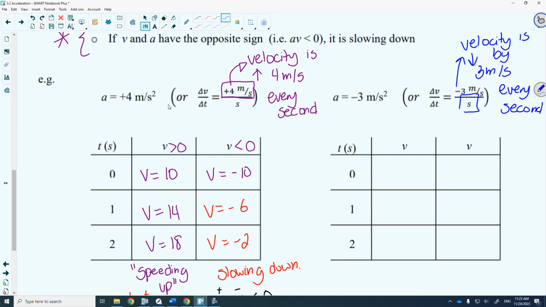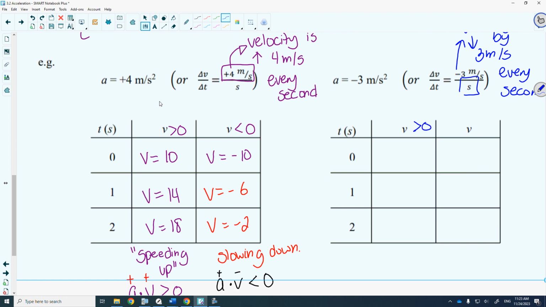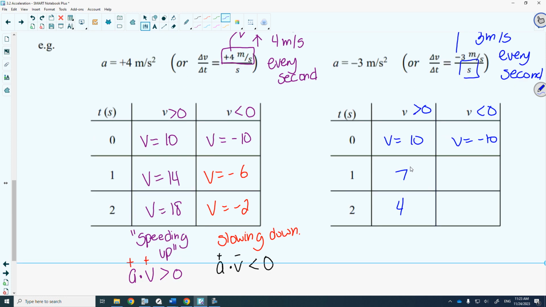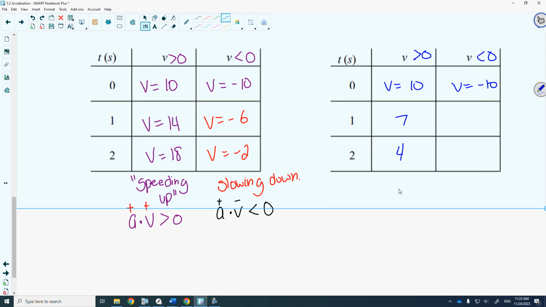Okay, so let's look again at when the velocity is greater than 0 and when the velocity is less than 0. And let's start with a velocity of 10 and a velocity of negative 10. If I'm going down by 3 meters per second every second, I'm going to go from a velocity of 10 to 7 to 4. Now, this object would be slowing down.